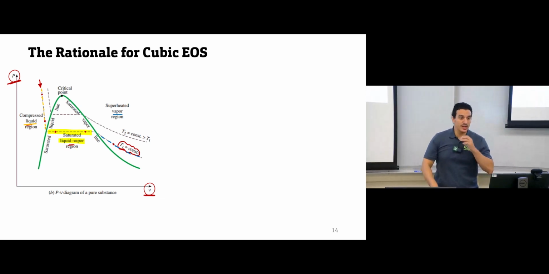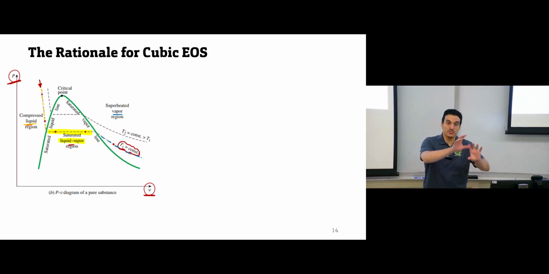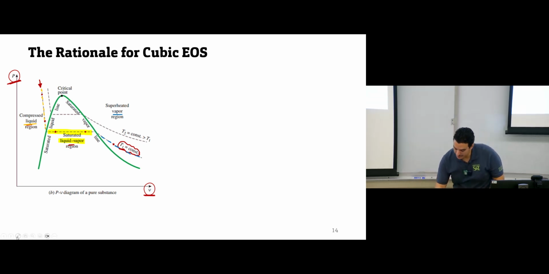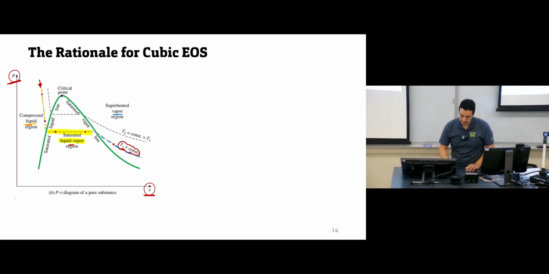So for any pure substance, you need to plot the behavior of the phases with pressure and volume at constant temperature. So we have an almost vertical line, which represents the liquid, then a horizontal line represents the mixture, and then we have another inclined line that represents the vapor phase.